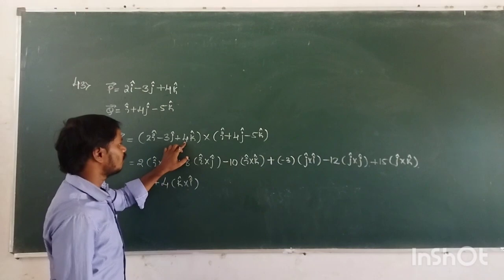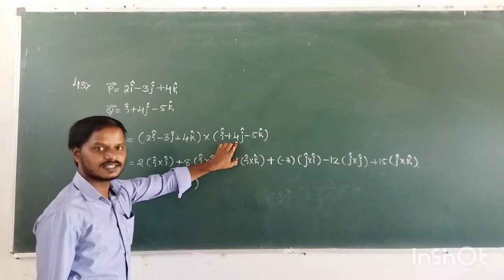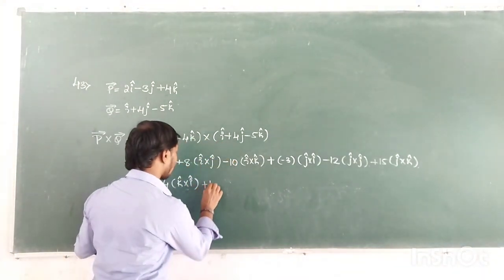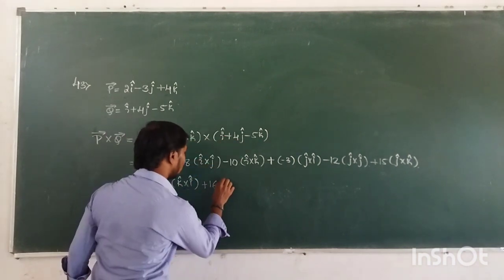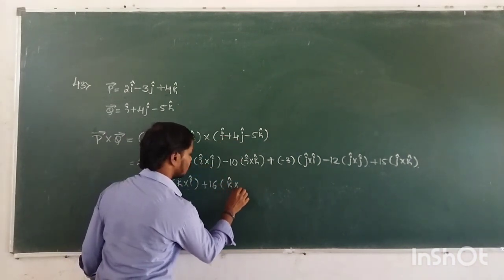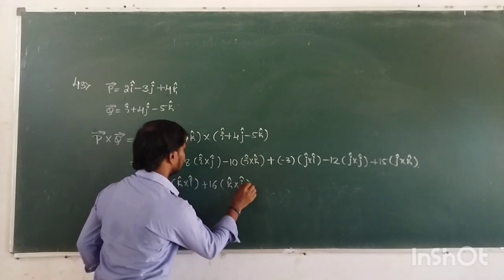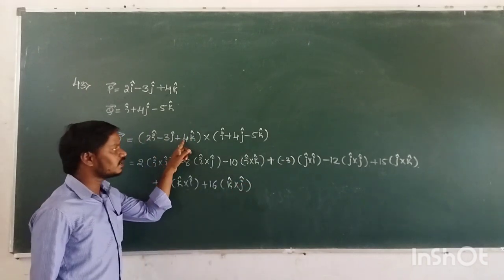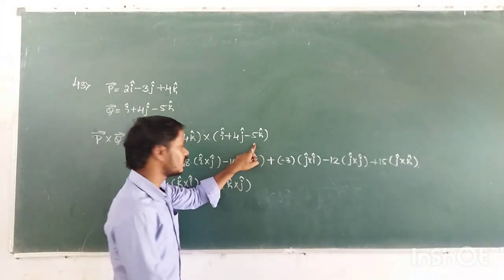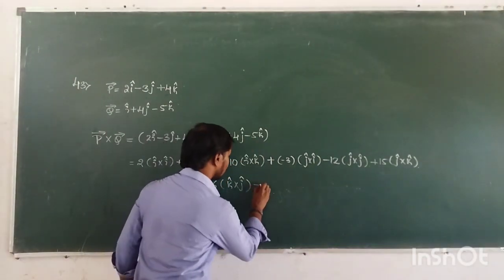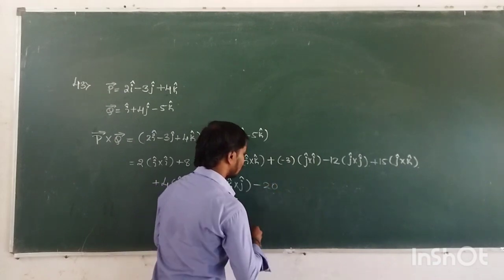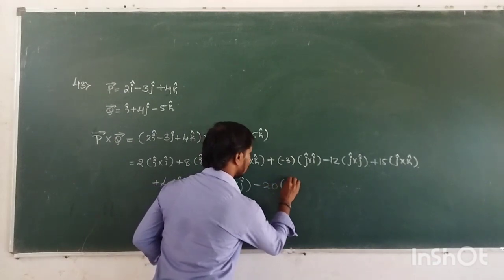Next, plus 4 into plus 4, that is plus 16, then k cross j. Next, plus 4 into minus 5, that is minus 20, because plus into minus is minus, then k cross k.